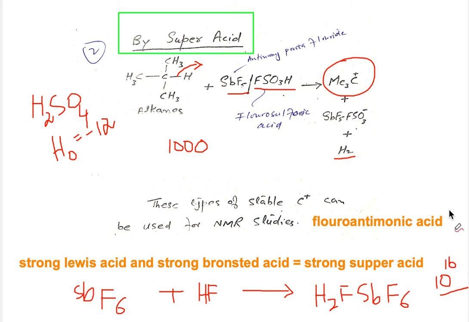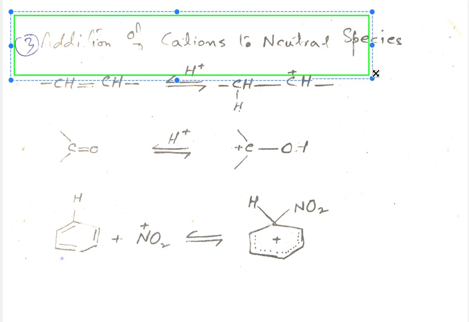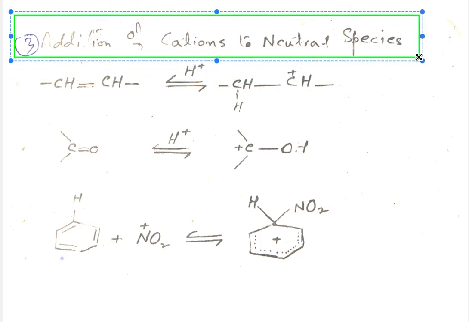So anyways, by using superacid or magic acid, you can prepare carbocations from simple alkanes. Another method of producing carbocations is the addition of cations to neutral species. You know, carbocations are a special kind of cation having carbon with positive charge, I mean electron deficient carbon, or more correctly, carbon with 6 valence electrons.